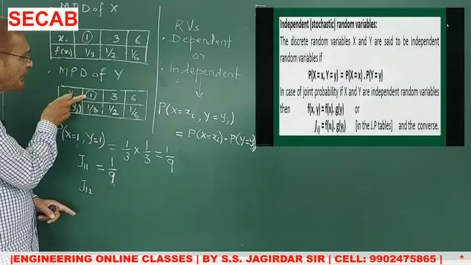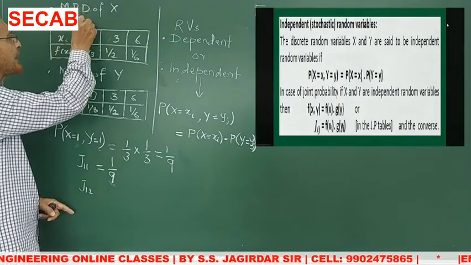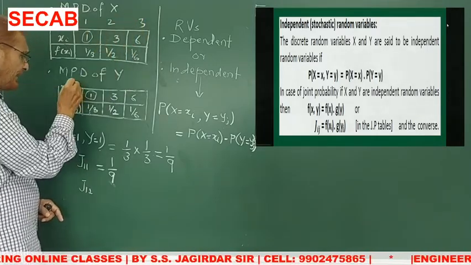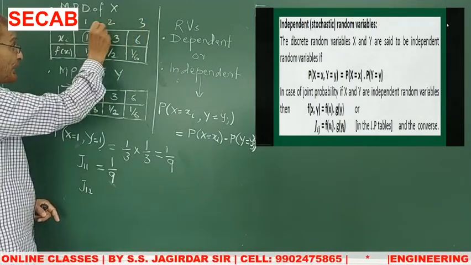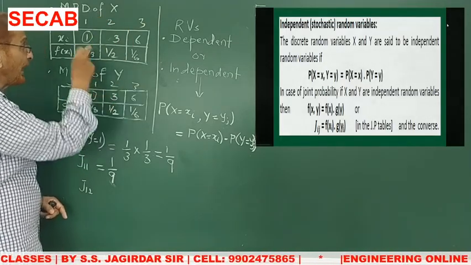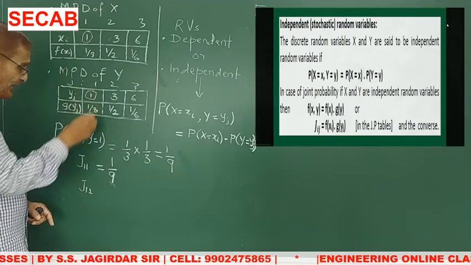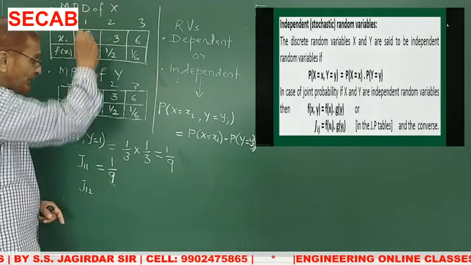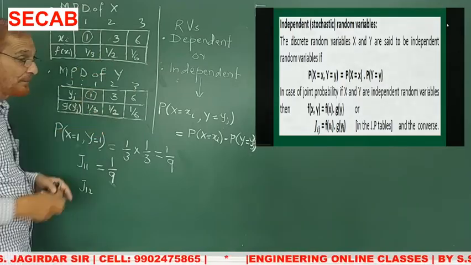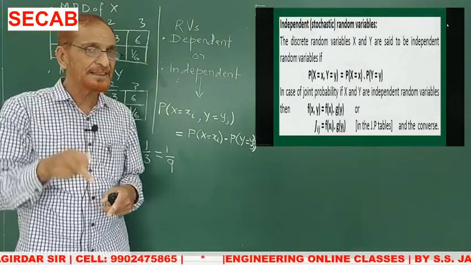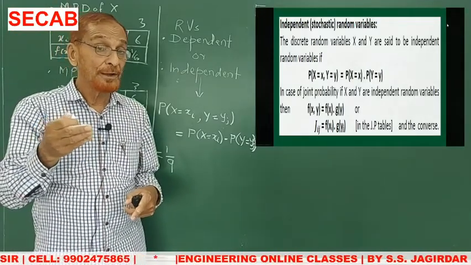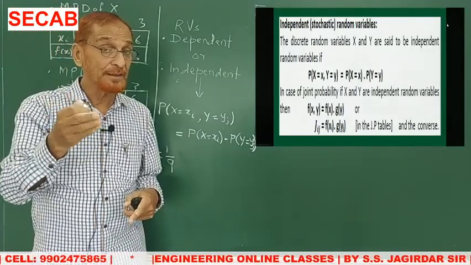Here I am writing the I values 1, 2, 3, and J values are 1, 2, 3. So J11 means first value, first value; J12 means first value, second value; J13 means first value, third value. This way all pairs you have to consider, and in each case the corresponding joint probability value in the notation of J should be there.